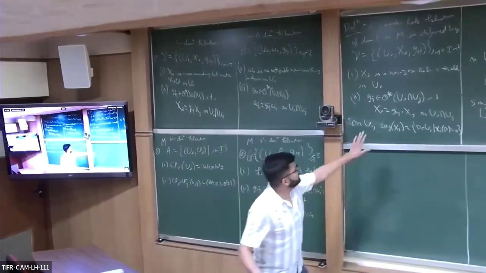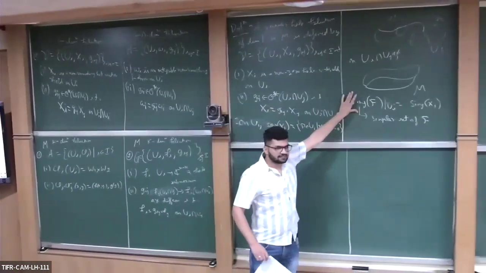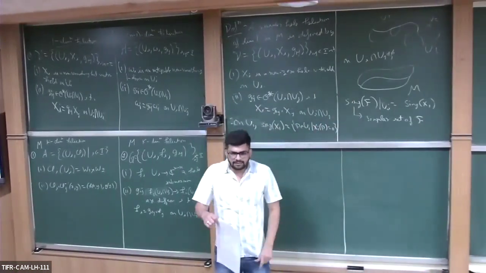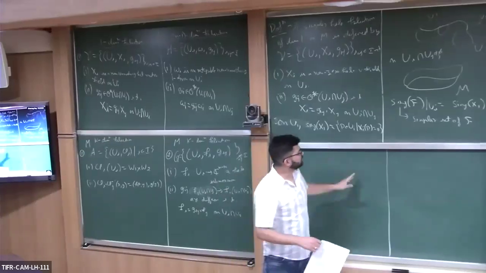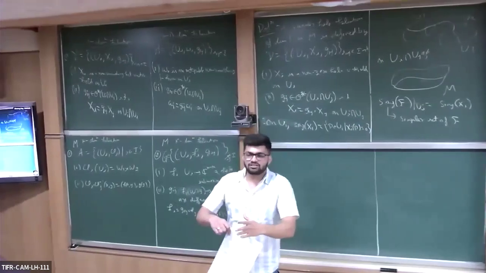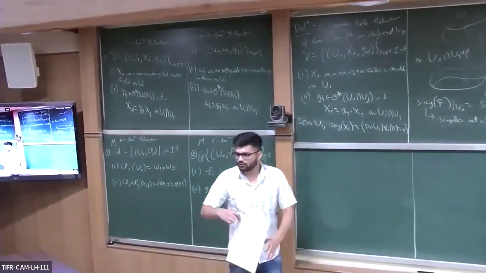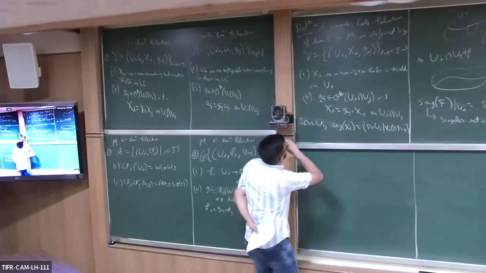So from this definition, it looks like this analytic set, this singular set, can have dimension n minus 1. But we'll see that we can always reduce this singular set to dimension less than or equal to n minus 2. This is what we are going to see next.